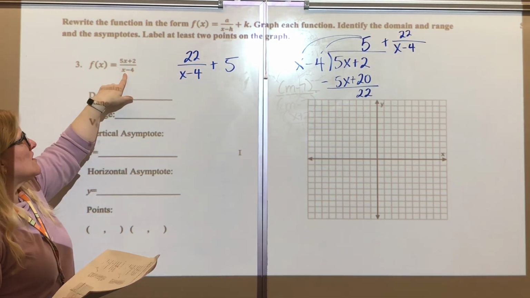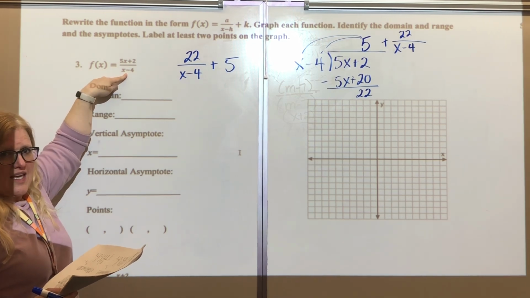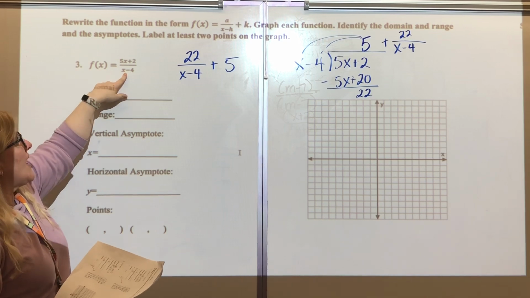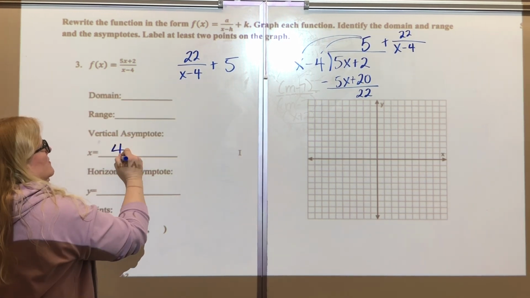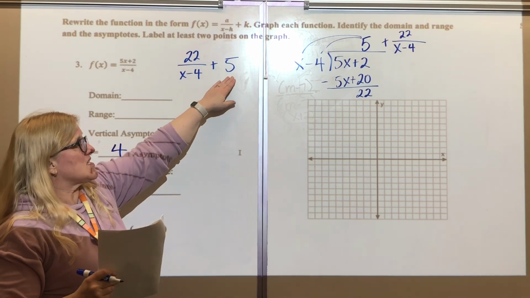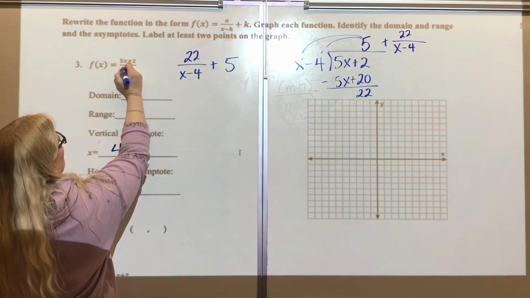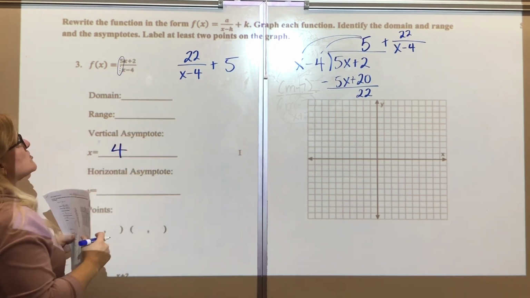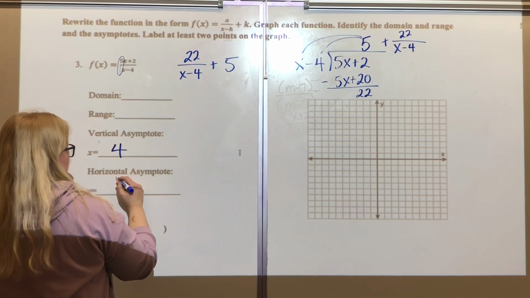So the vertical asymptote is still the number that makes the denominator 0, and it's 4, just like here. And then it's more obvious to see my horizontal asymptote here, but remember that it's 5 over 1. It's these two coefficients, one divided by the other, but we can see it here too.